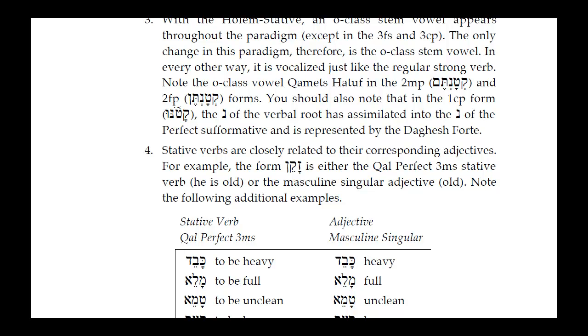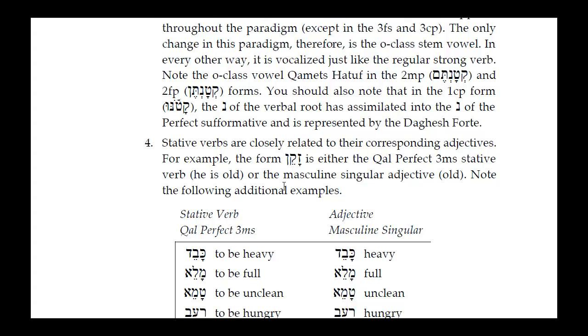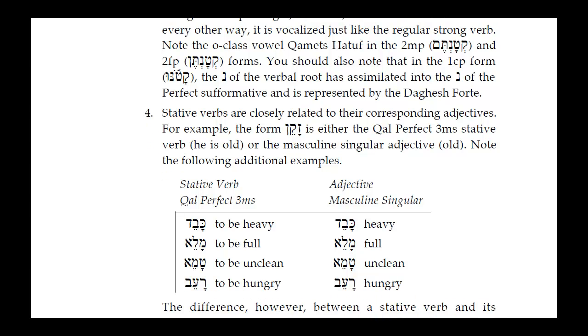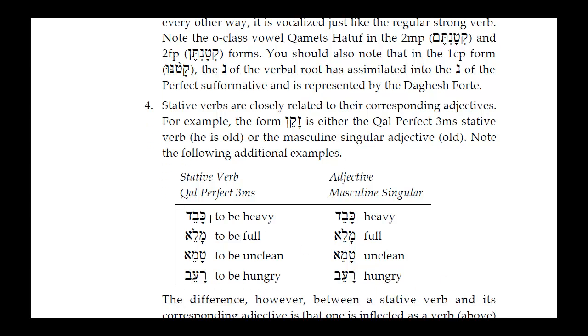All right, so how can we know the difference between the stative adjective and a stative verb? Stative verbs are closely related to their corresponding adjectives. For example, zaqen is either the Qal perfect third masculine singular stative verb, he is old, or the masculine singular adjective, old. Let's look at some of these examples. We can see the third masculine singular, to be heavy, he is heavy, and then the adjective, kaved.